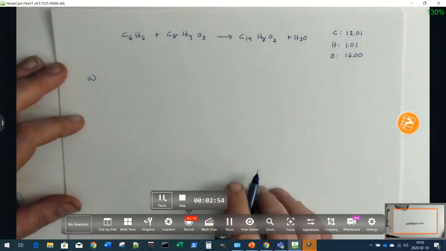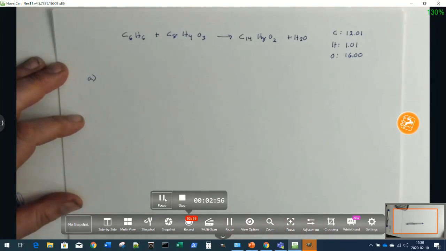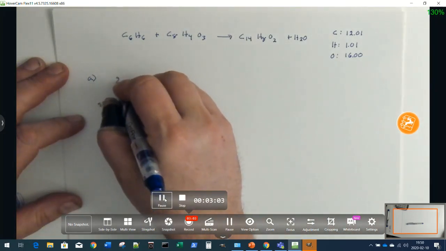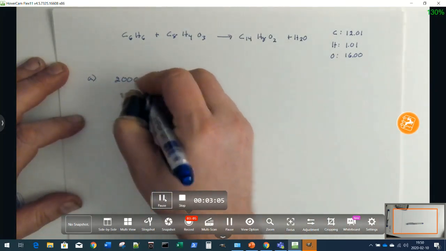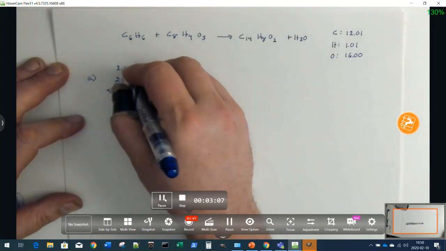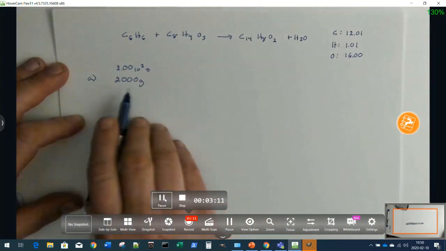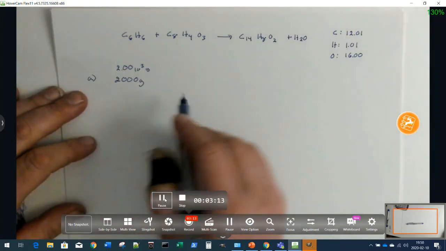And we'll use those numbers when we do our problem. So question A is, what mass of benzene reacts with 2,000 grams of C8H4O3? It actually says 2.00 times 10 to the third grams, but that's the same as 2,000 grams.